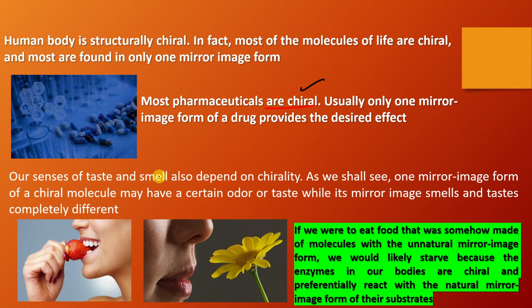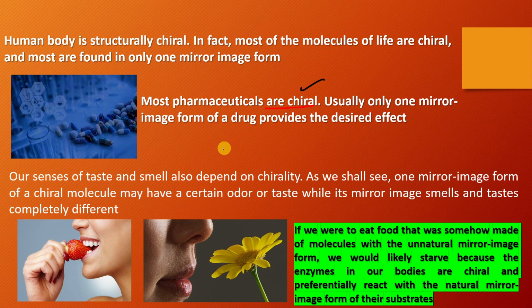If you were able to produce the exact mirror image of any molecule, it would taste or smell totally different, because our receptor is also chiral. So you can see that chirality can change anything.